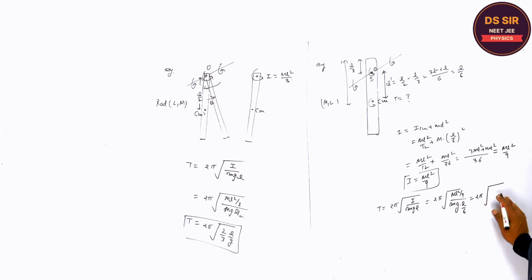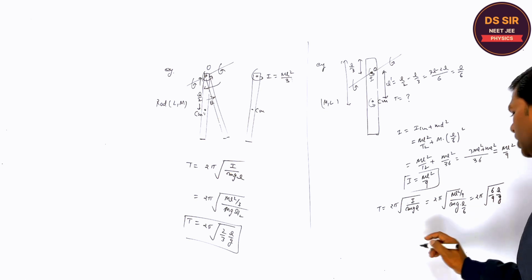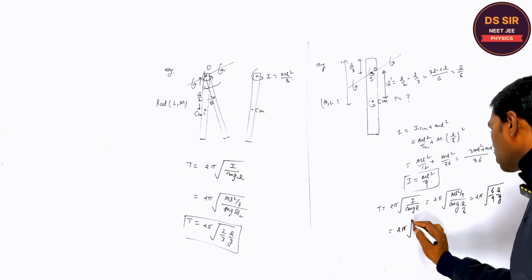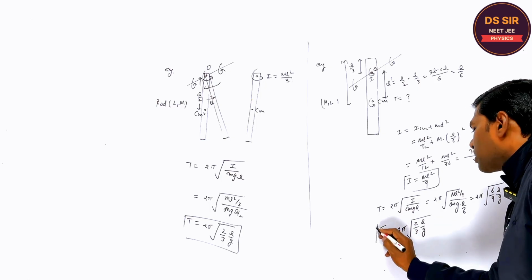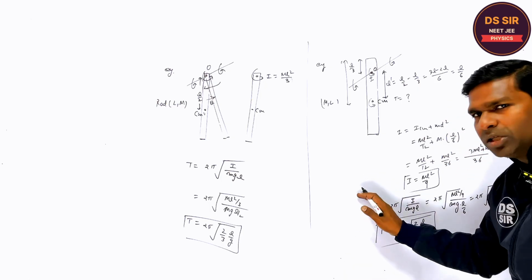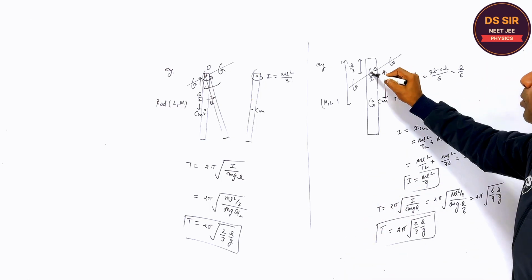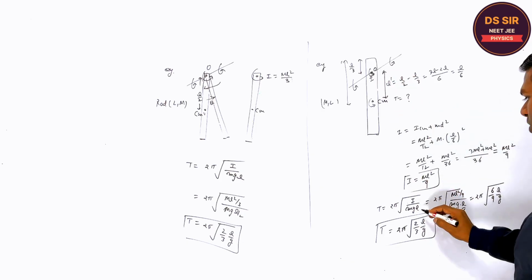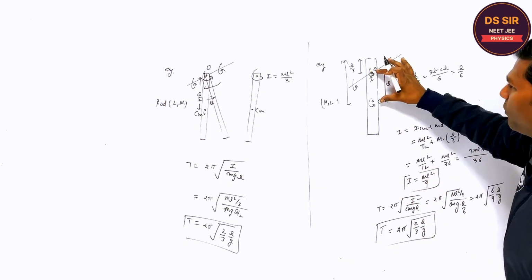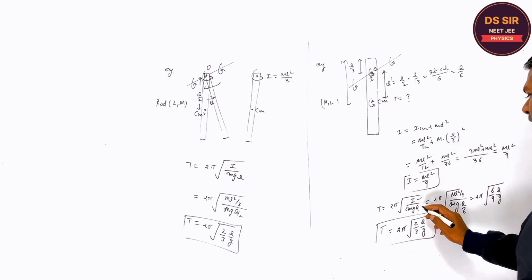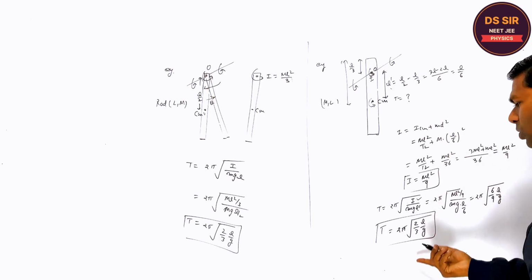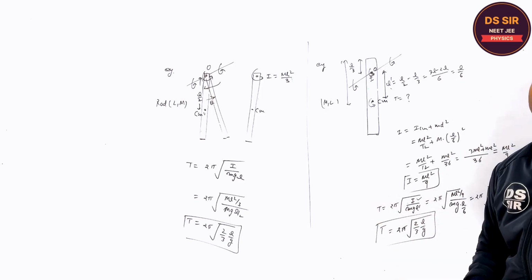This is 2 pi root 6 upon 9 L upon g, and this is equal to 2 pi root 2 upon 3 L upon g, which is the correct answer. So in this way, about the point of suspension, you find the moment of inertia, you find the distance between the center of mass and the point of suspension, assumed to be L dash, and here it is L by 6. Put in the formula, you will get the answer.